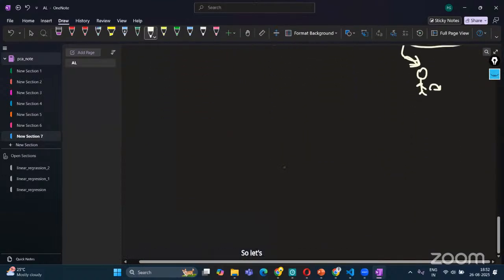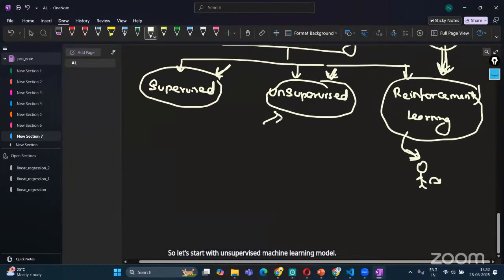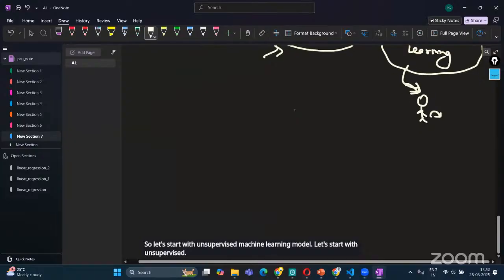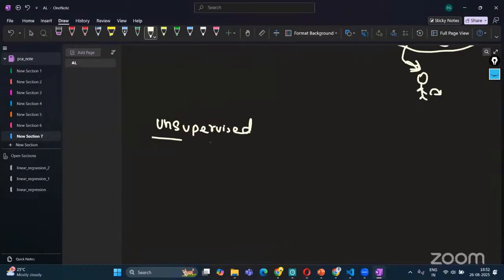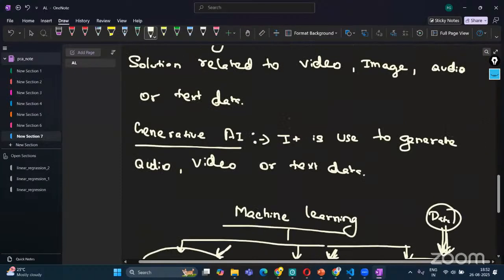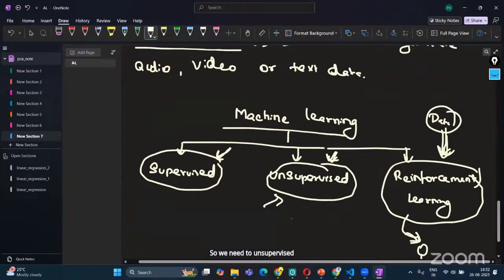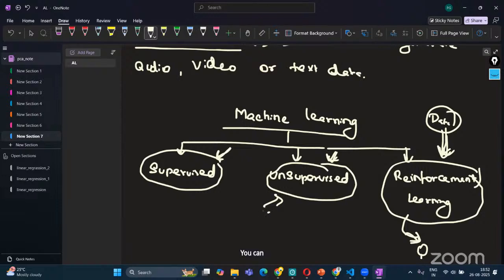Here we focus more on supervised and unsupervised. So let's start with the unsupervised machine learning model. When it comes to the unsupervised machine learning model, we simply say, when the target column is not given, then we will go for unsupervised machine learning.